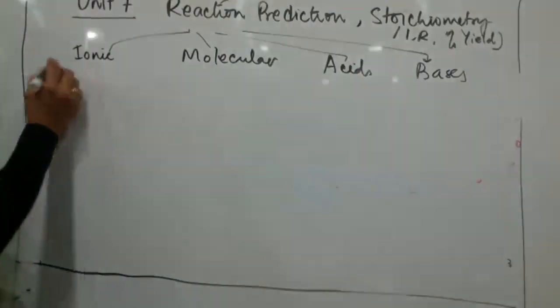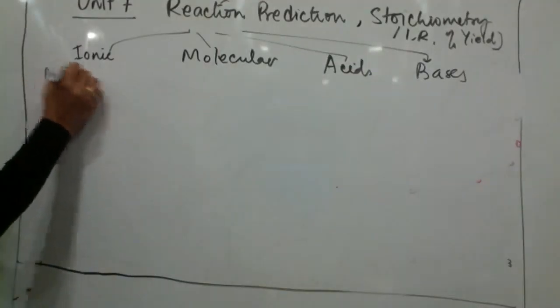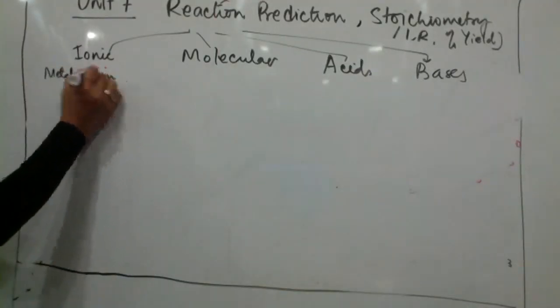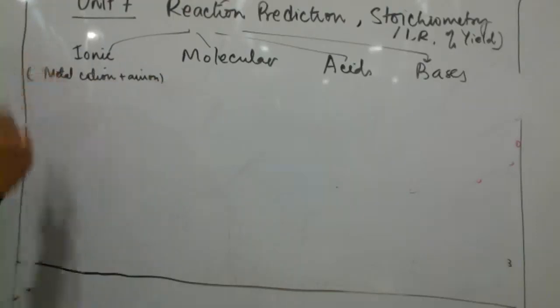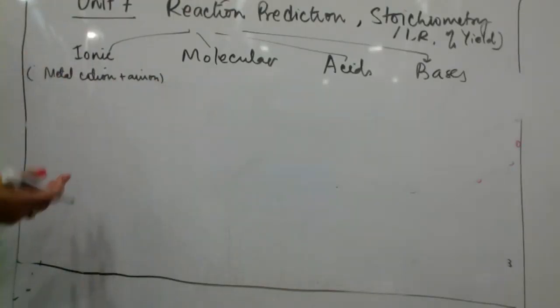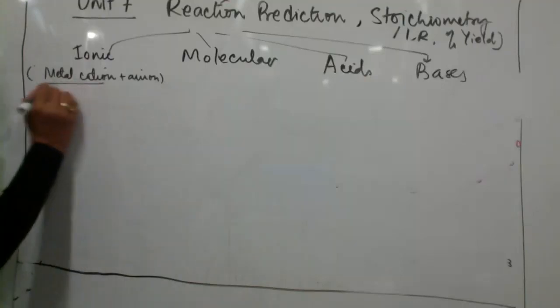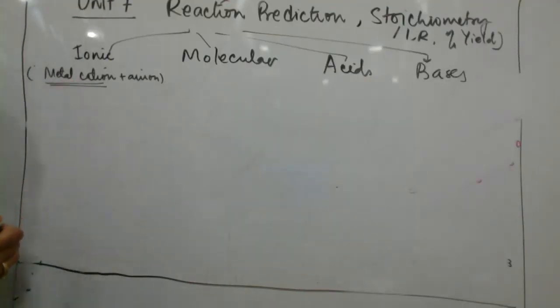Ionic compounds have a metal cation plus an anion. This anion could be a monatomic anion or a polyatomic anion. But if there is a metal cation, you know it's an ionic compound.